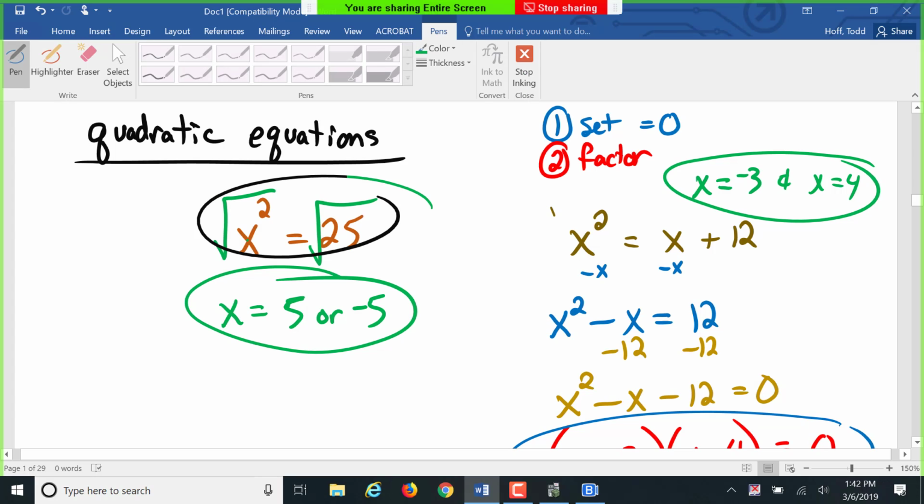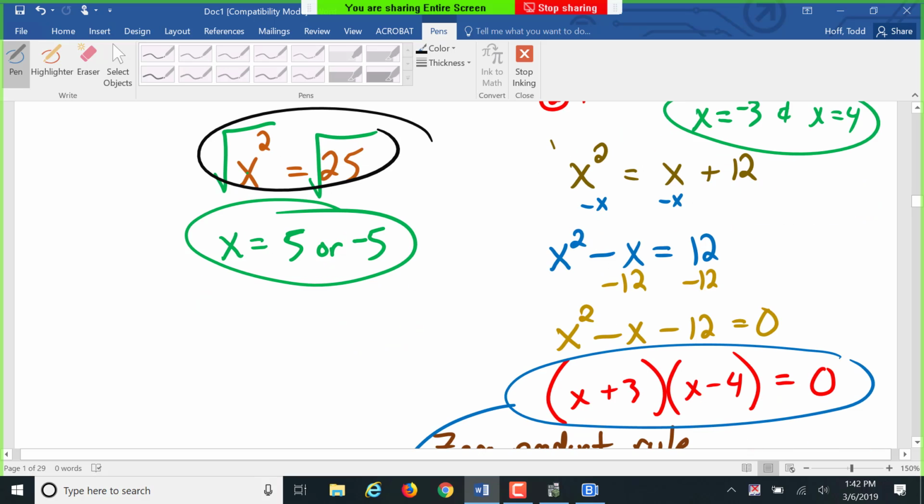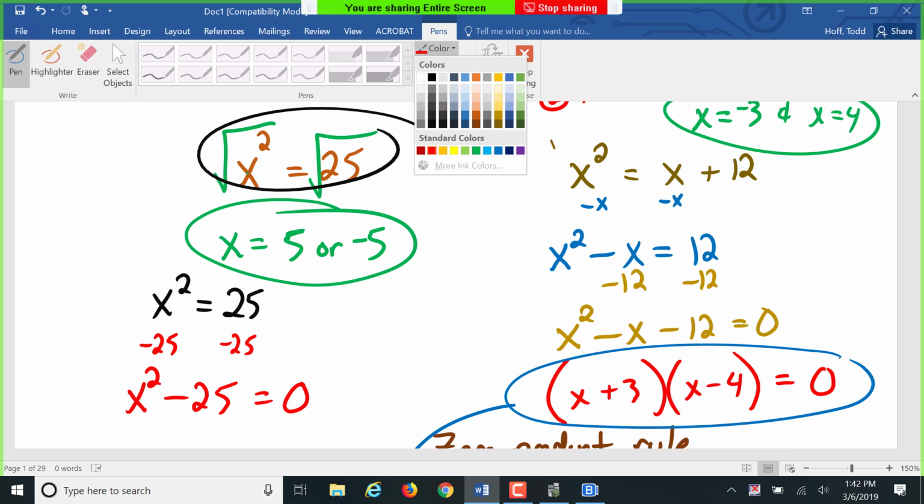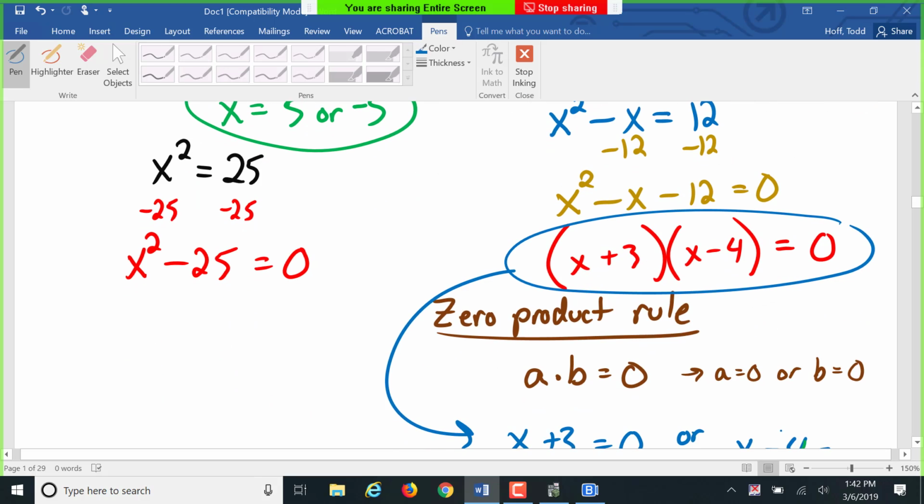By the way, I could have done the same thing over here. X squared equals 25. I could have set that equal to 0. I would subtract 25 from each side. I have x squared minus 25 equals 0. Can that be factored? Yeah, it's the difference of squares.